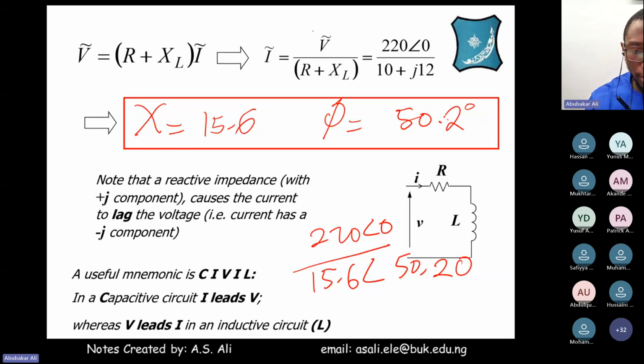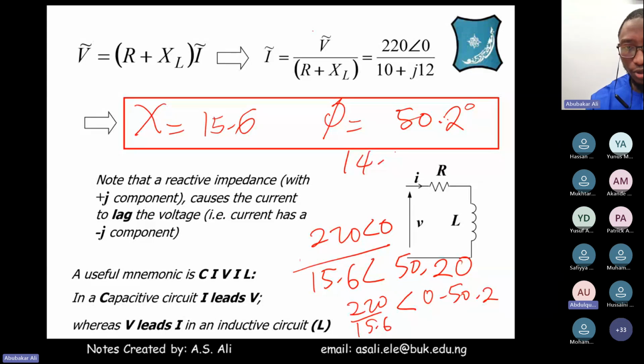So in phasor, we divide the magnitudes and we subtract the angles. So 220 divided by 15.6, angle 0 minus minus 50.2. What's 220 divided by 15.6? That's 14.1, so 14.1 angle 50.2 degrees.